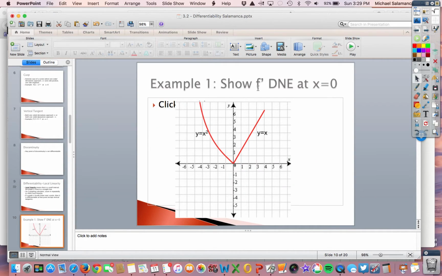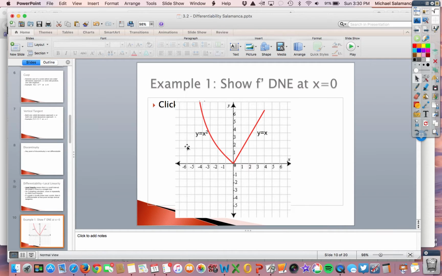So let's look at another example. What we're going to try and do here is show that f prime does not exist at x equals 0, which means it's not differentiable at x equals 0. So what we're going to do is take the derivative of the equation on the left and the equation on the right.